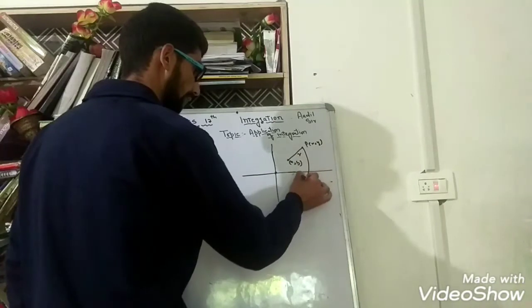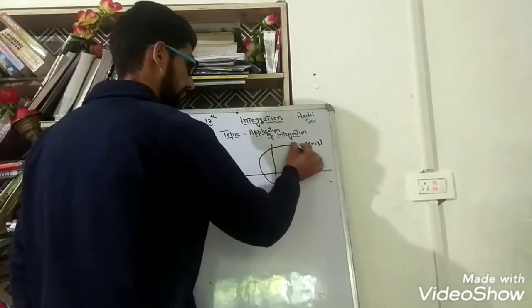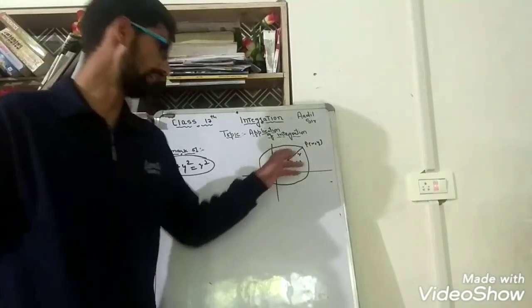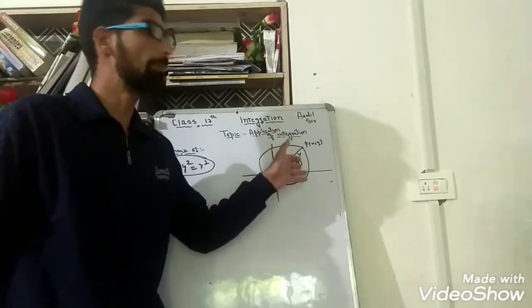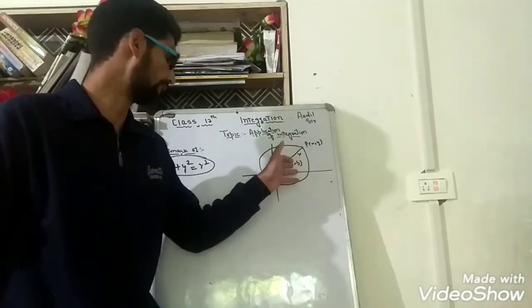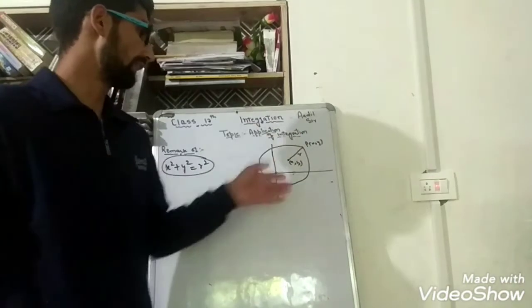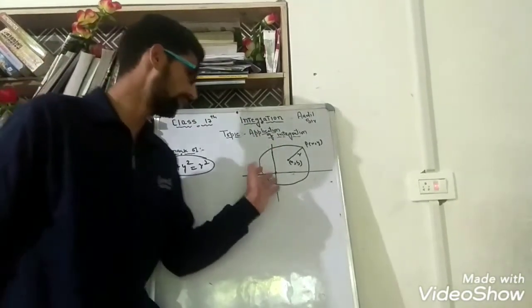So here is the circle like this. I am taking its radius as r and its center as (a, b), where a is the abscissa and b is the ordinate. Now what is the equation of the circle if our center is not the origin?